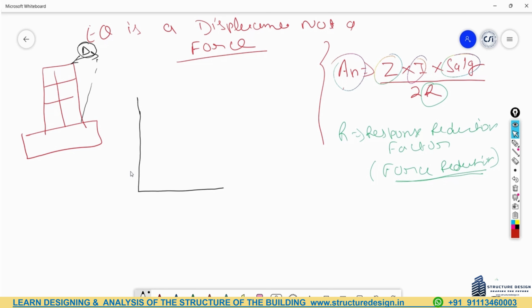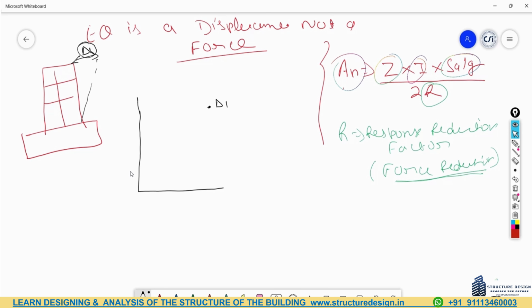For designing up to this displacement, that is delta, we can write delta 1, which will be the design delta. Let's suppose this delta 1 is coming here and I need to design this building for delta 1 displacement.